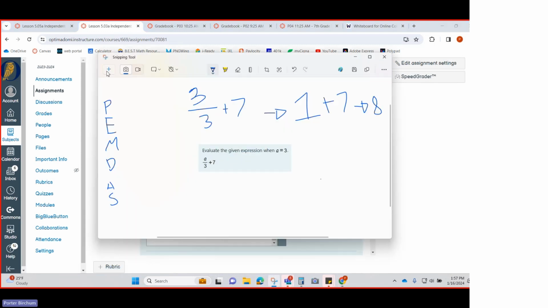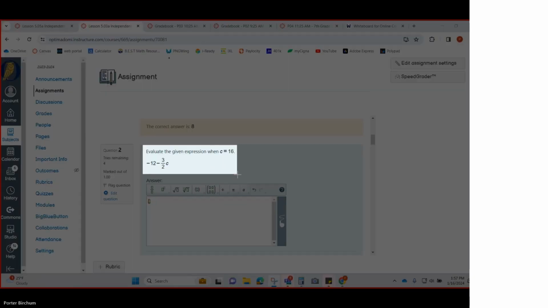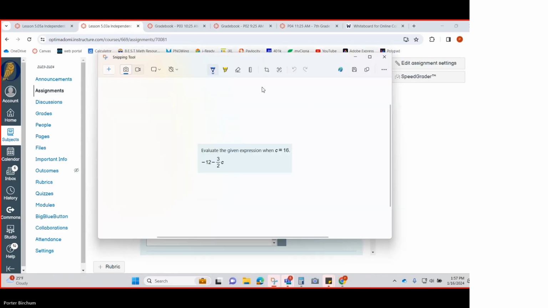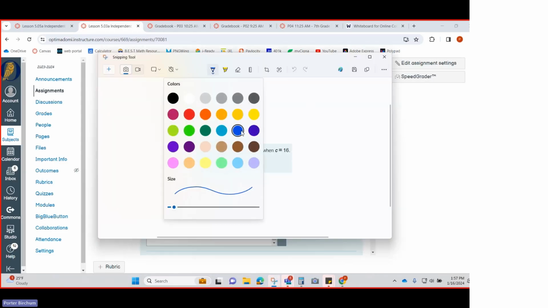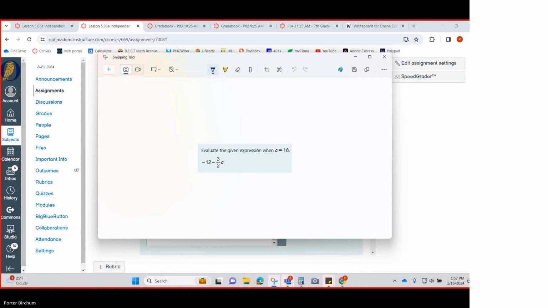Question 2. All right, my first step for this question, I am going to copy the expression exactly how it is. First, what does it mean when there is a letter right next to a number?